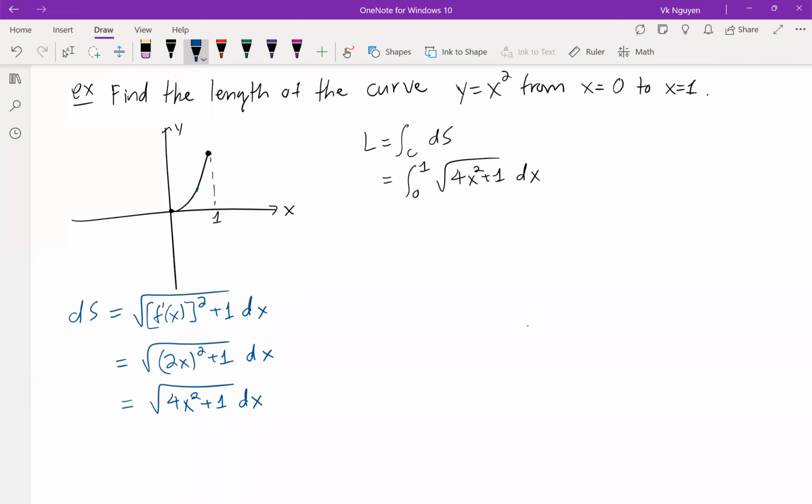Oh, root of 4x squared plus 1. We have to use the trig substitution. x equal 1 over 2 tangent theta. Meaning that dx is going to be half of secant squared theta d theta.